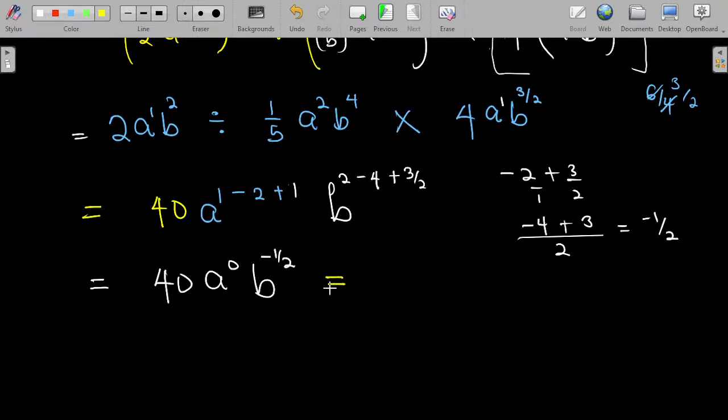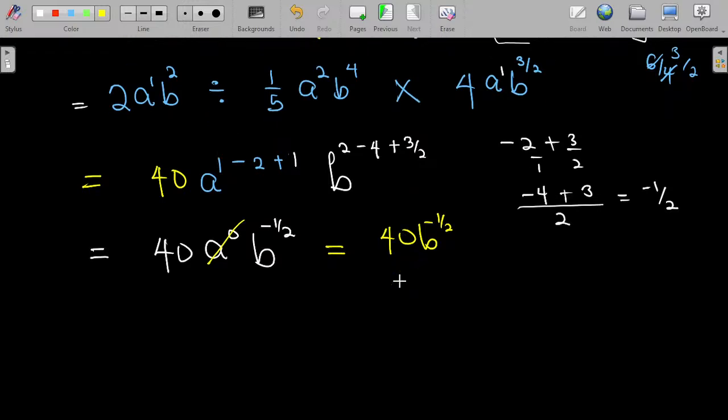And so our final answer, of course, A will go because A to the power of 0 is 1. So it will leave the expression. So we'll just have 40B raised to the power of minus half. Remember that you can actually write this in other forms, which is what I keep telling us, that when it comes to exams, you can actually solve and get the correct answer, and then that answer will not be in the options.